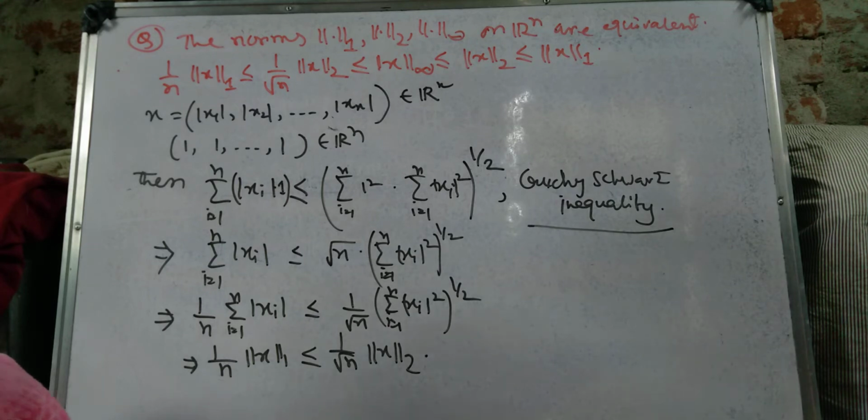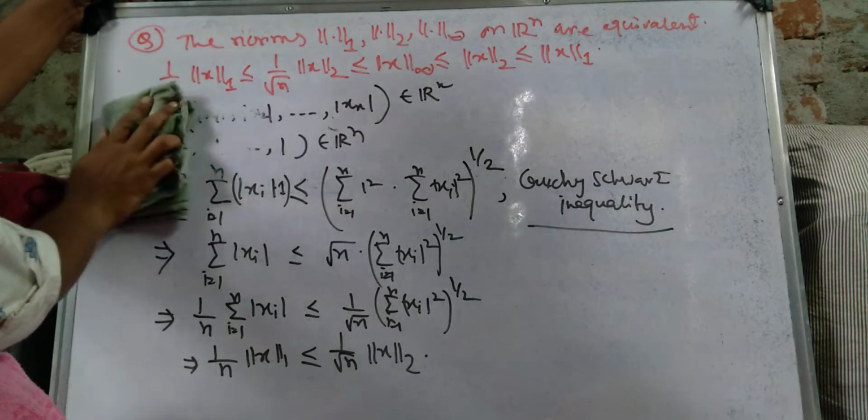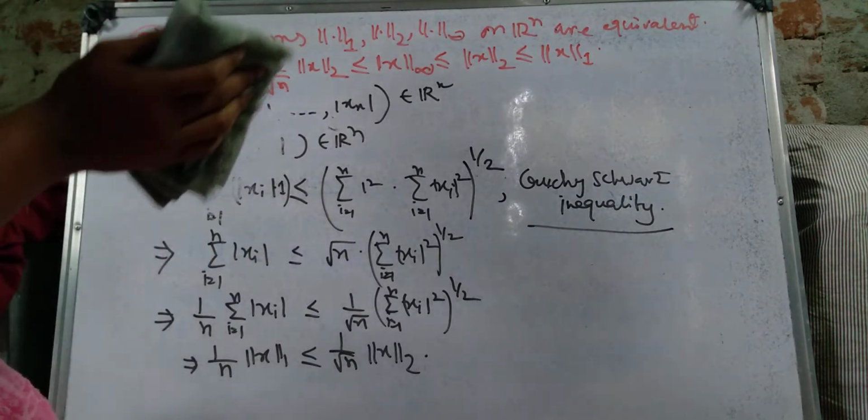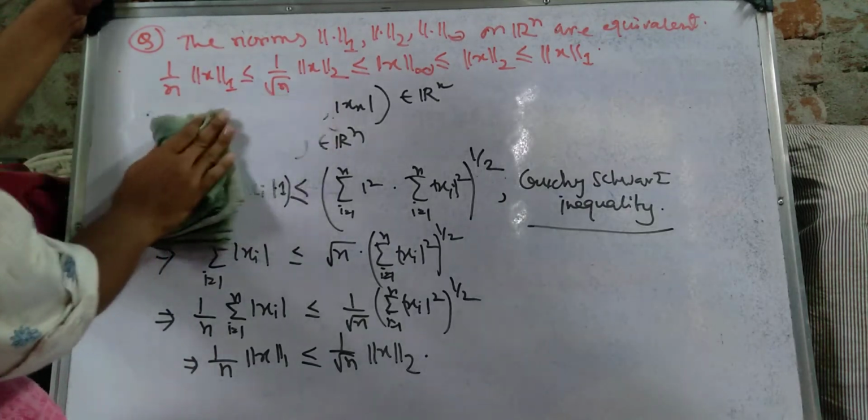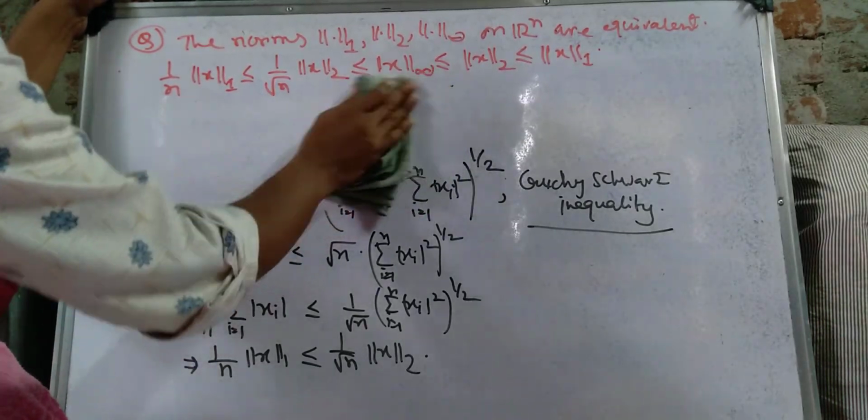Next we see that this is less than or equal to norm infinity.